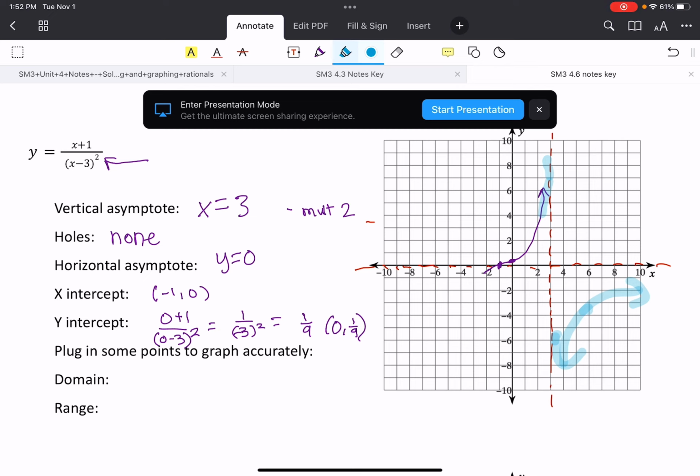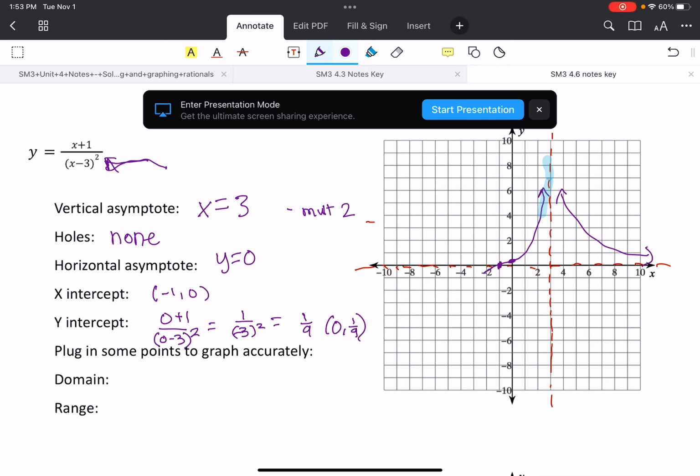Right? But what did we say about even multiplicities? They can't. So this cannot be that part of the graph. It has to be the upper part. Yes, because it cannot have a sign change because of the even multiplicity. It's the bounce version of a vertical asymptote.